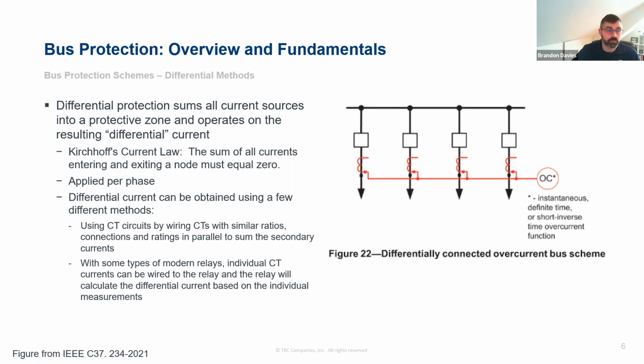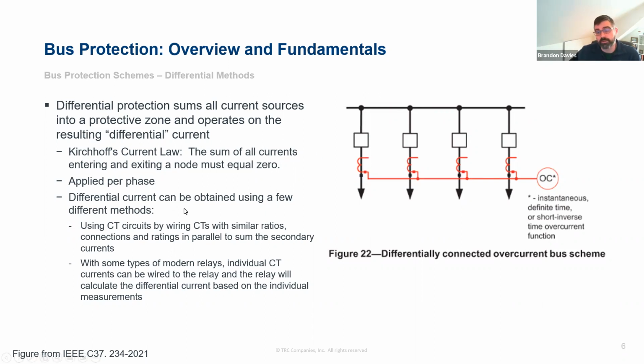But you'd apply this differential summation to each phase, and then apply that to a relay that would monitor that differential current. In normal operating mode, whether it's load or an external fault, all of those currents should sum up to 0. And if you have an internal fault, they're not going to. So you've got that as an operate quantity that you can use.